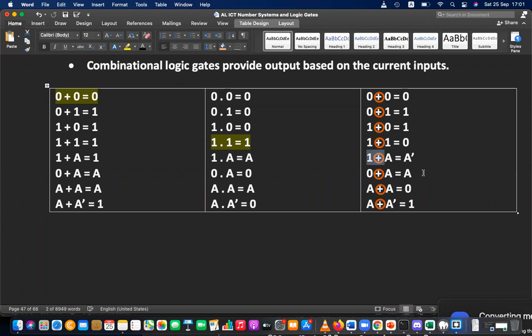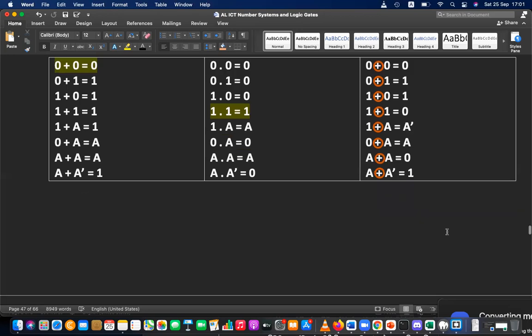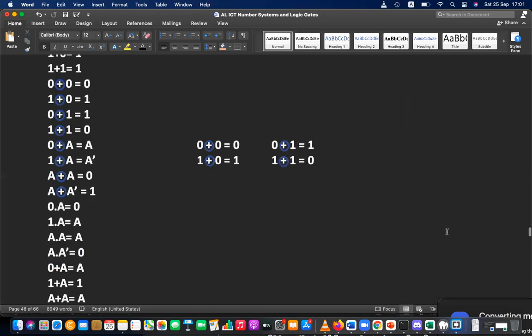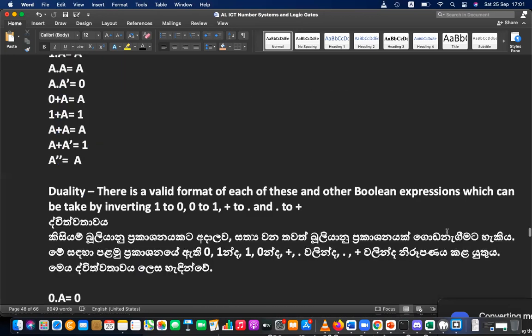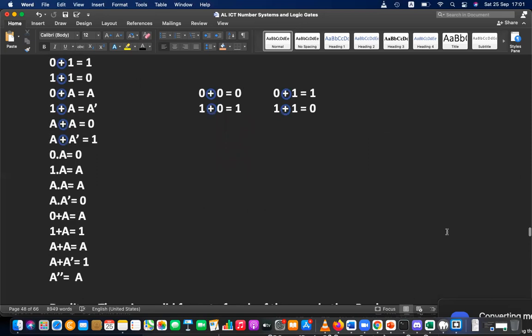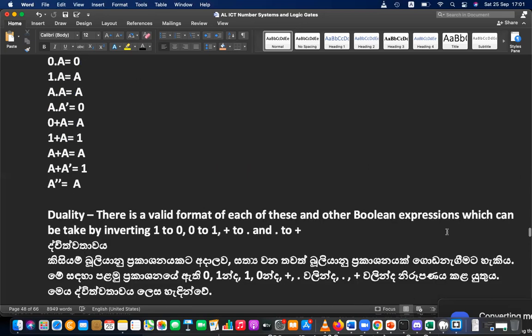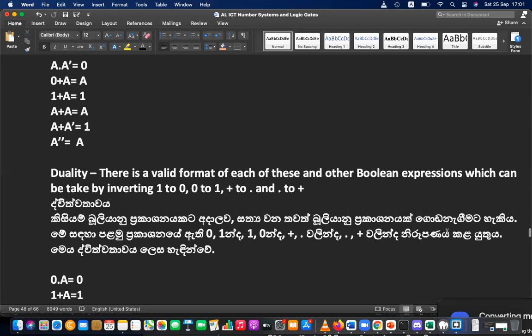So no worries. Either you have one way, that is logical thinking. If your logical thinking is not working, don't worry. Still you have the artistic thinking: remember the numbers, remember the patterns. That is the other way of understanding this. And in any logic, you have something called duality.